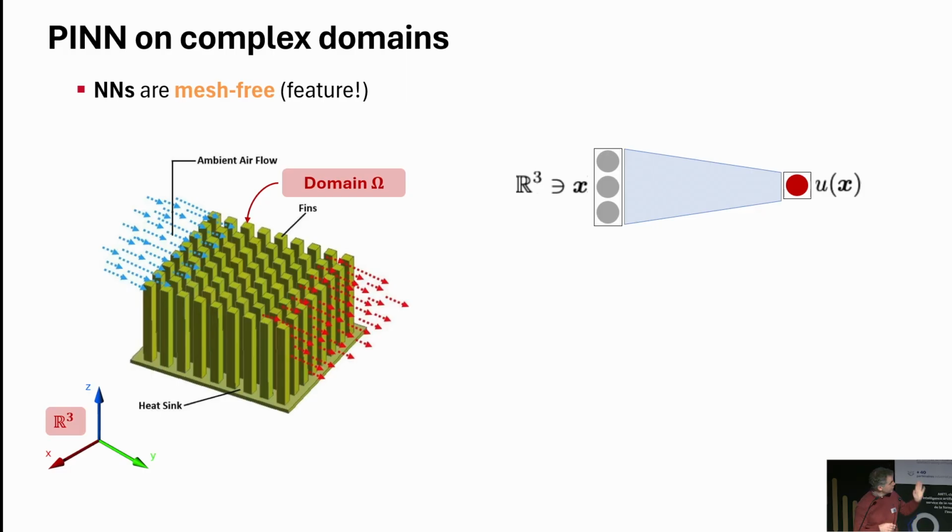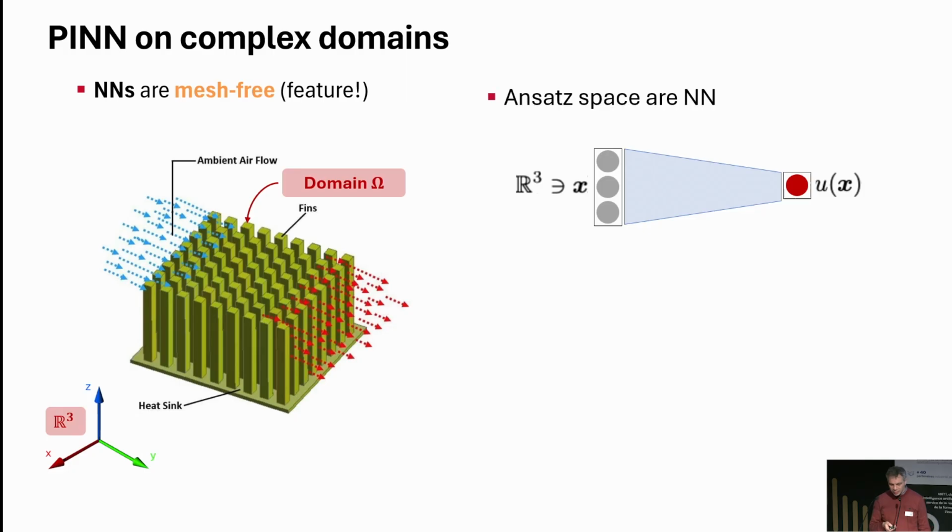If you take, for instance, this example of an airflow, okay, this is not cardiac, but I think it delivers the idea pretty well. Your domain here has these pins, and now your domain is highly non-convex with respect to R3, but your neural network, in principle, you can evaluate everywhere. So you can evaluate between, let's say, the voids or inside the pins.